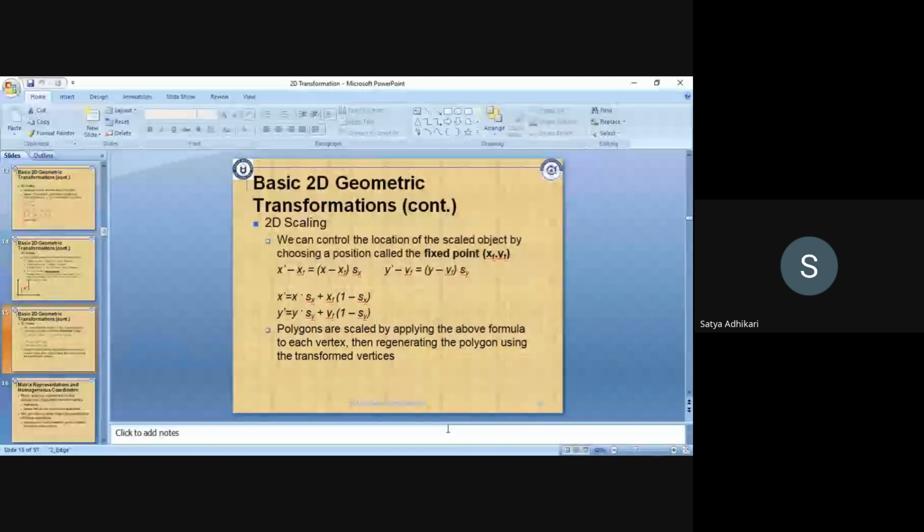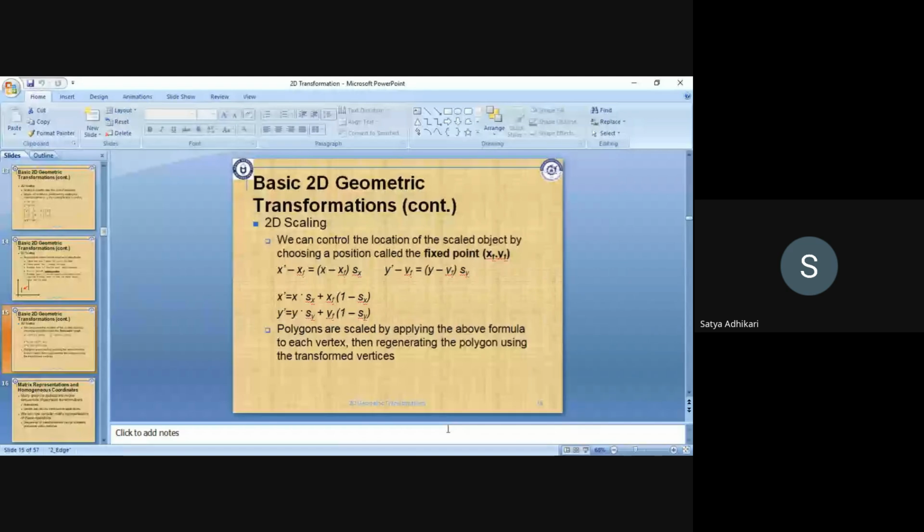Then regenerate the polygon using the transformed vertices. Then draw the lines among them, because a polygon consists of some lines.